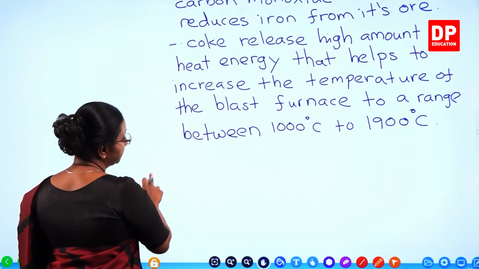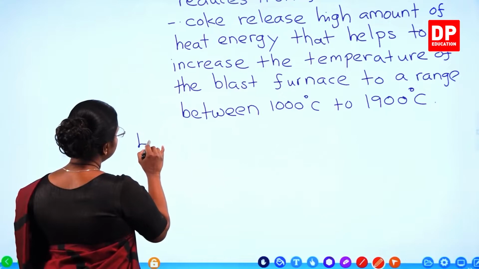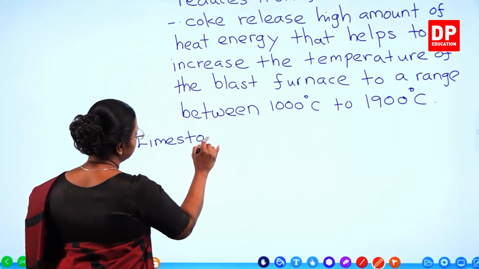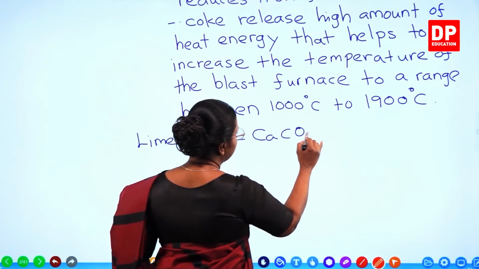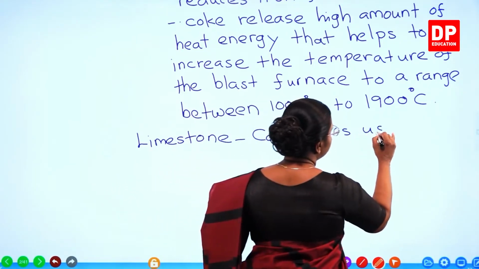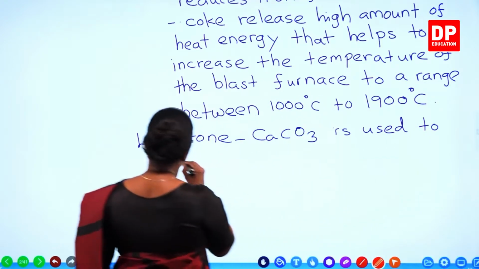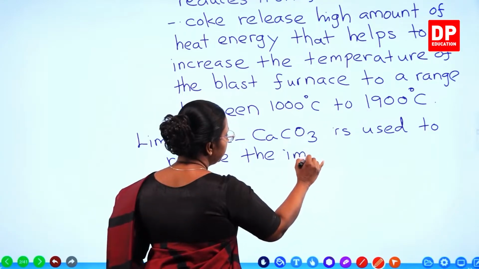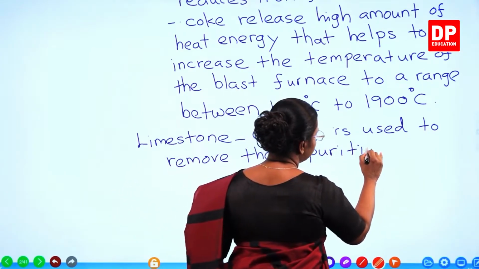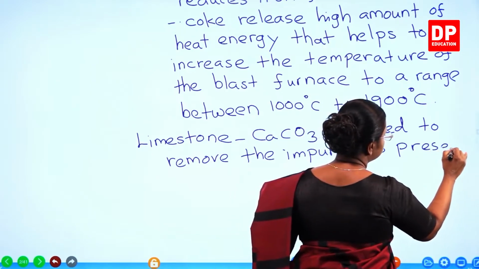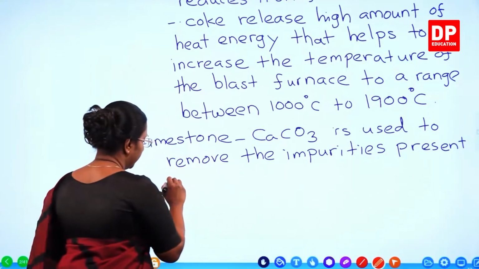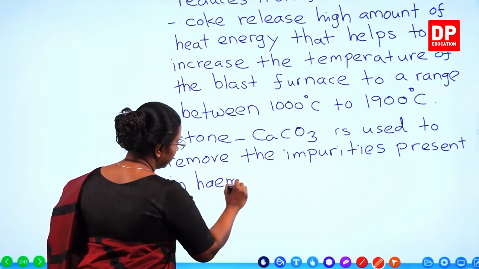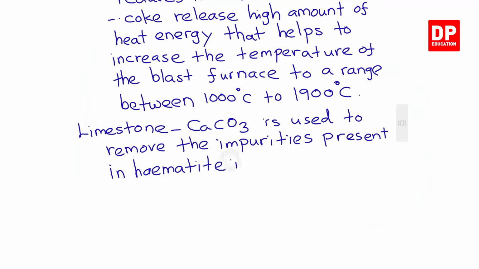And then we have limestone. Limestone, that is calcium carbonate, is used to remove the impurities present in hematite in the form of slag.